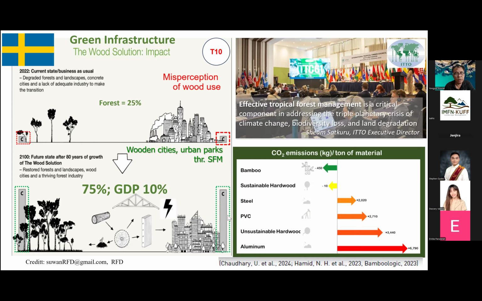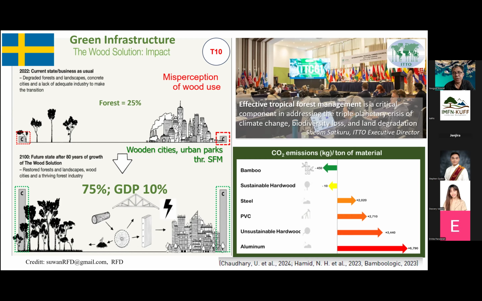And they promote the wooden city, using wood in construction and buildings, and can generate more than 10% of the GDP from wood alone. This is the main mechanism to rapidly and substantially increase forest cover from 25% in the last century to 75%.